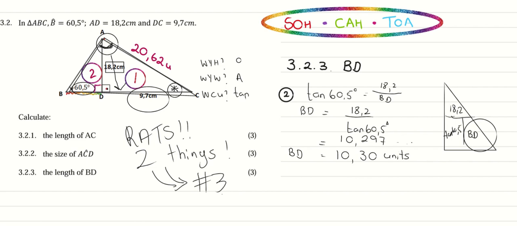So you just need two things, and we had those two things at the end. In this question, we had 60.5 and we had 18.2, and we could use that to find the missing side BD.